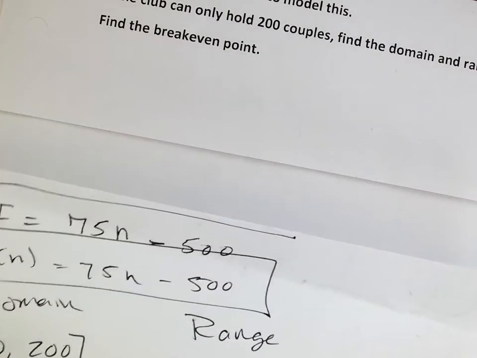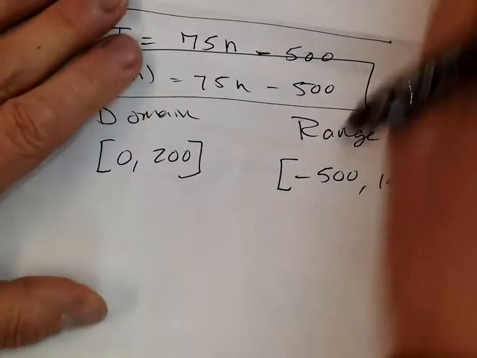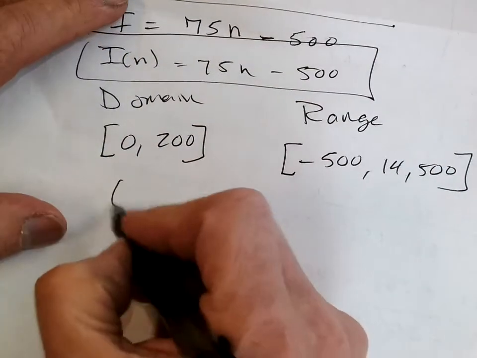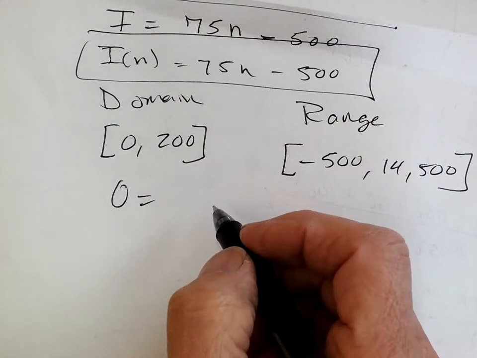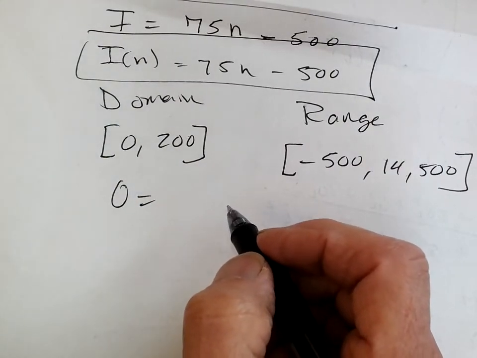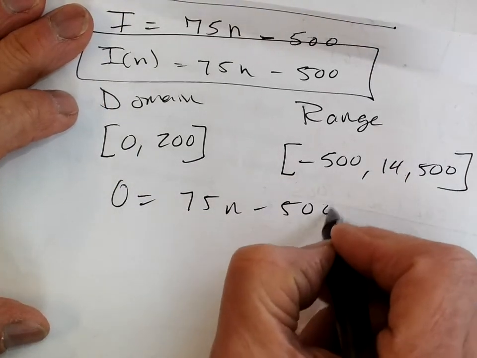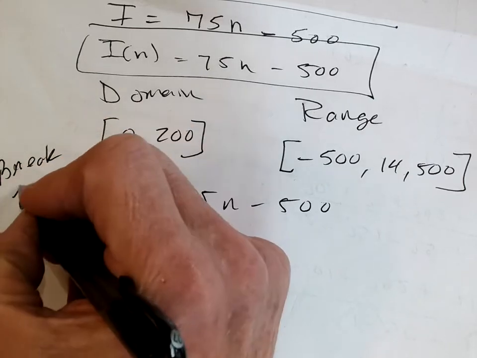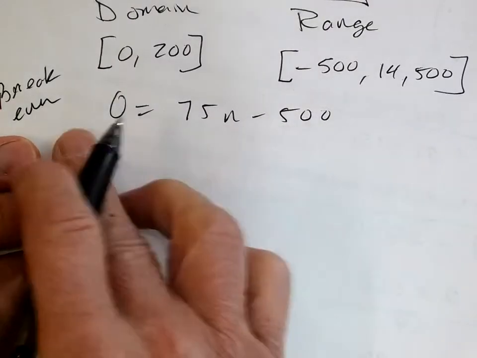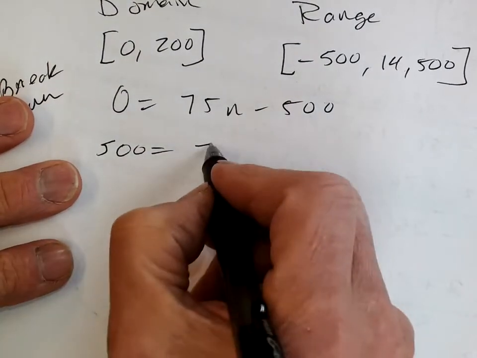So find the break-even point. So the break-even point, that's when your income is 0, but you don't owe any money, and you don't make any money. So just set it equal to 0. I'm going to solve. Okay, break even. Plus 500, plus 500, right?